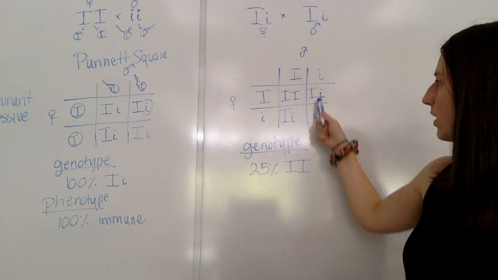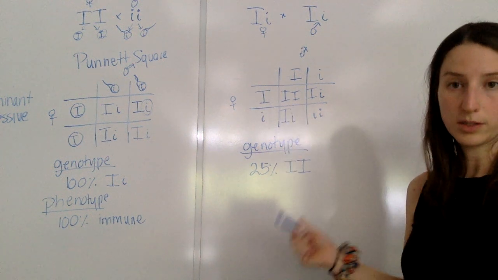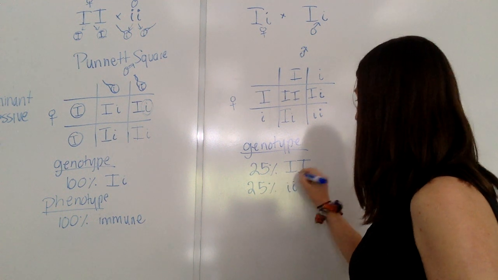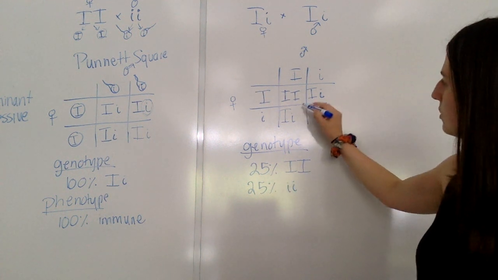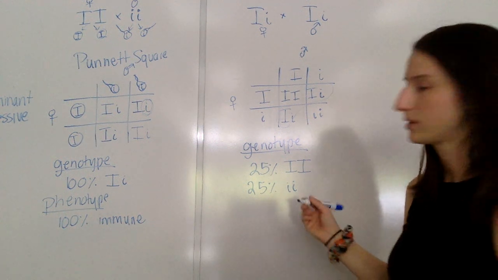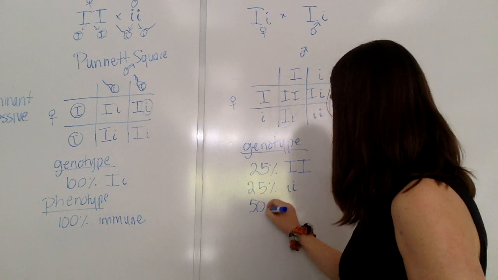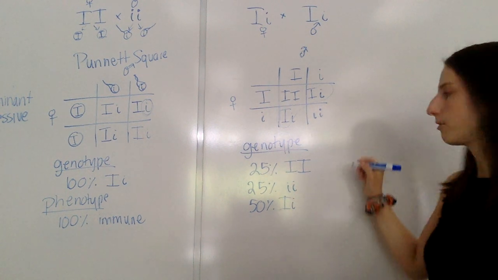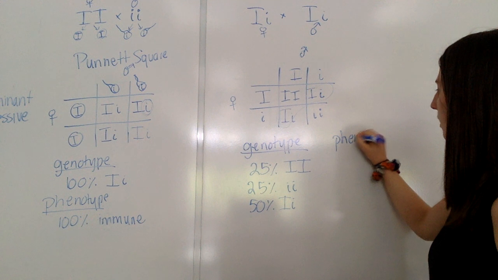We have got 1 out of 4 is homozygous recessive, so that's 25%. And then 2 out of 4, so 50% are heterozygous.